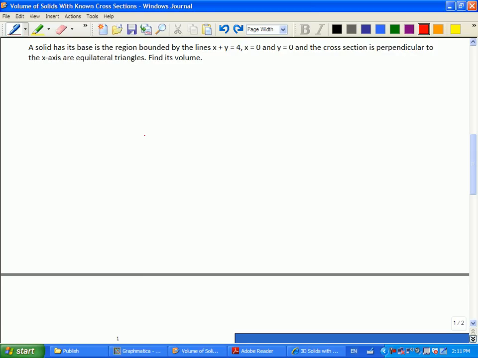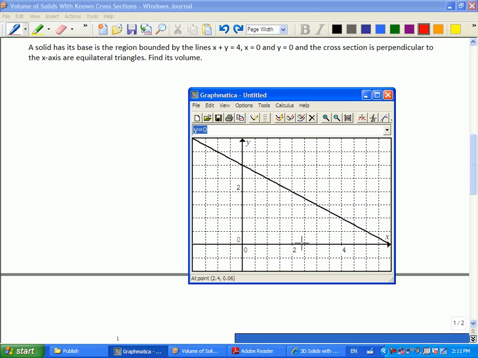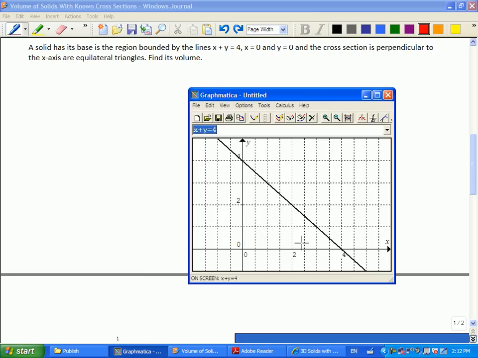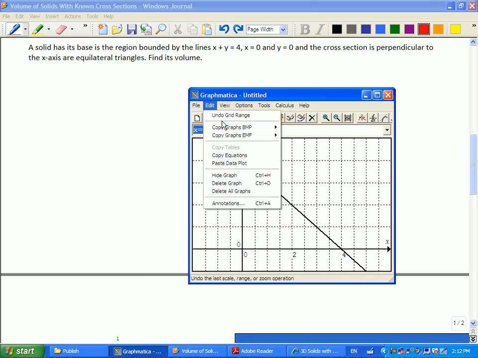All right, so I'll show you the picture that we would have had here. x plus y equals 4. And just change this a little bit. You don't really need to write these ones down, but I will. So this is my picture to work with.